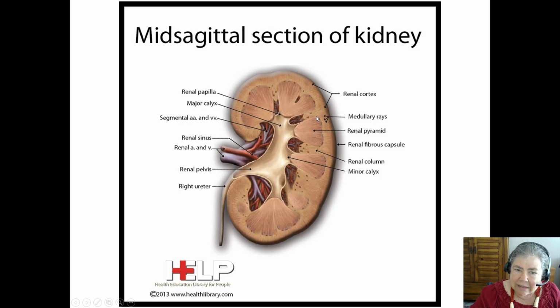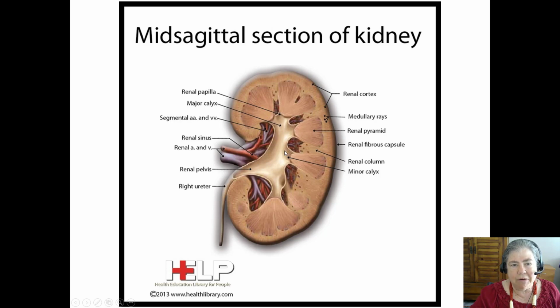The cortex has something called medullary rays in the medulla. I'm not sure why it's showing that, but medullary rays are these linear structures that are extending down through the pyramids of the medulla towards the papillae, where the urine is discharged into the renal pelvis at something called calyces.